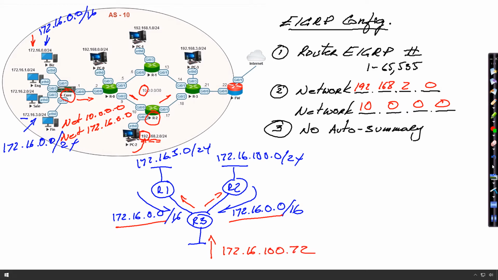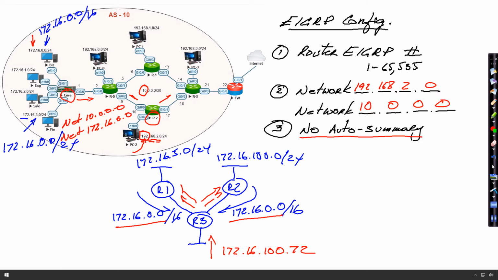Router 3 would load balance out of both interfaces toward router 1 and router 2, so it will lose 50% of its packets. And this is the reason why you need to turn off auto summary with the command no auto-summary when your network is in a classless or variable length subnet mask environment.